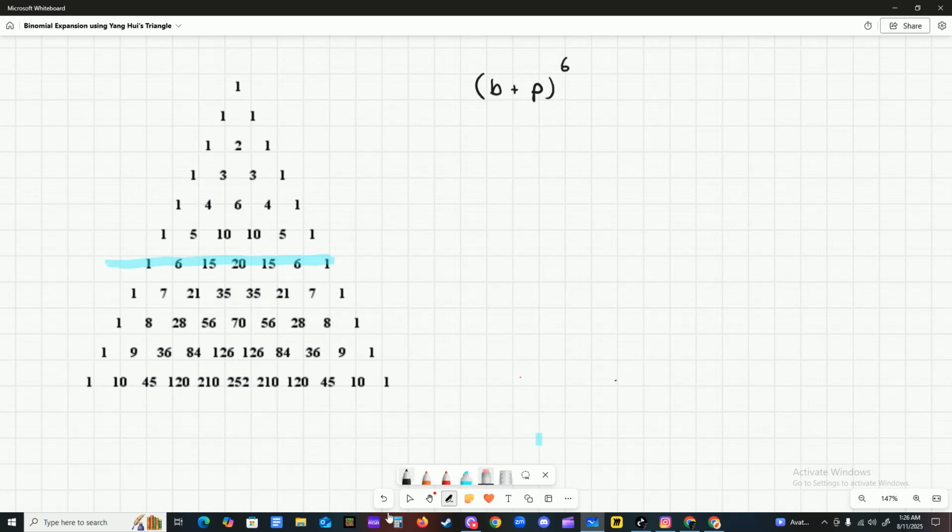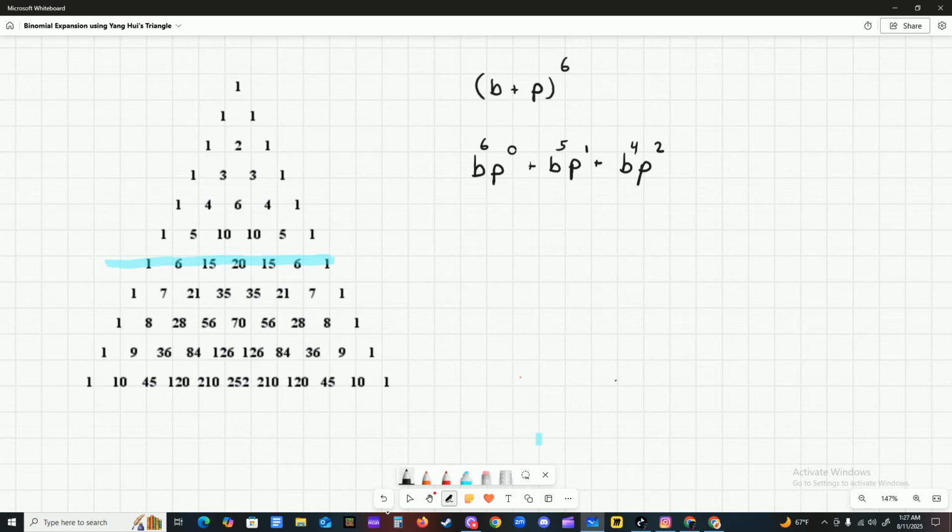So now let's start expanding this bad boy. Well, first, I'm going to write my terms like this. B, P. Since the exponent is a 6, the B gets a 6 and the P gets a 0. Plus B, and we knock it down by 1, so 5, which means the P gets a 1. Plus B to the 4, which means the P gets a 2. Remember, the exponents add up to the power that we're raising the binomial to, okay?